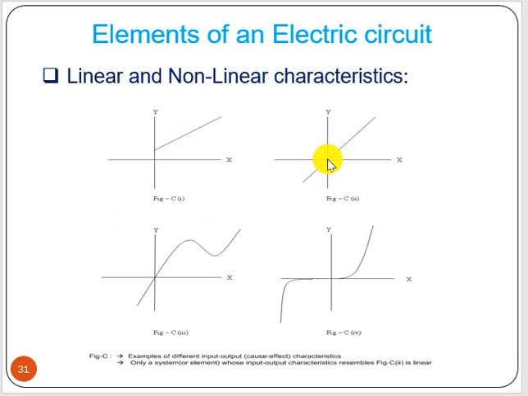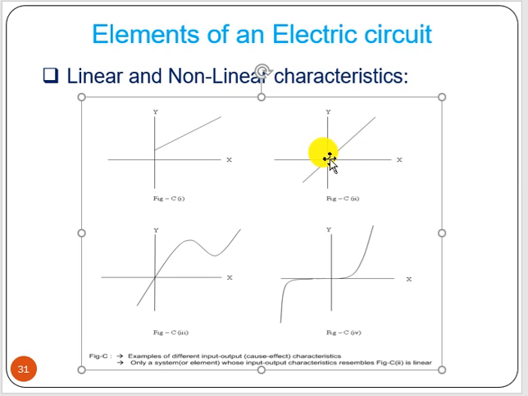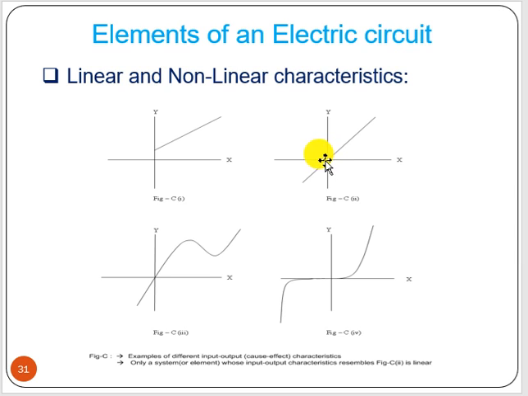Here this is totally linear, a straight line starting from the origin 0. So this is linear.